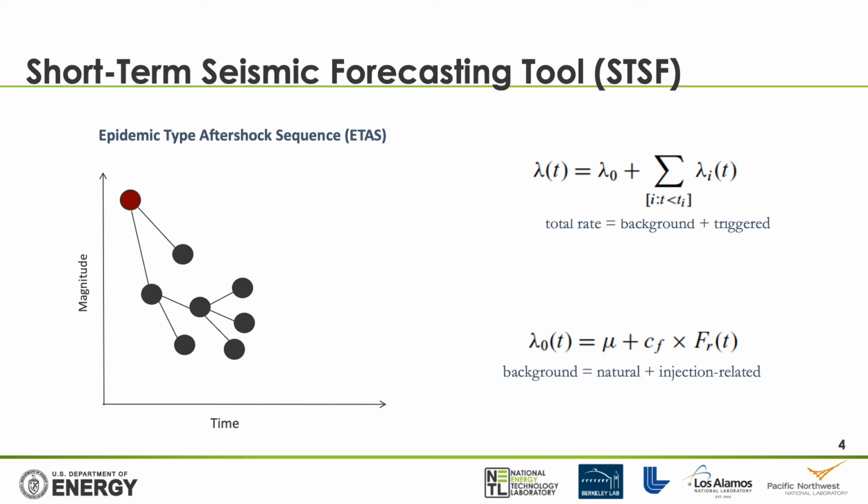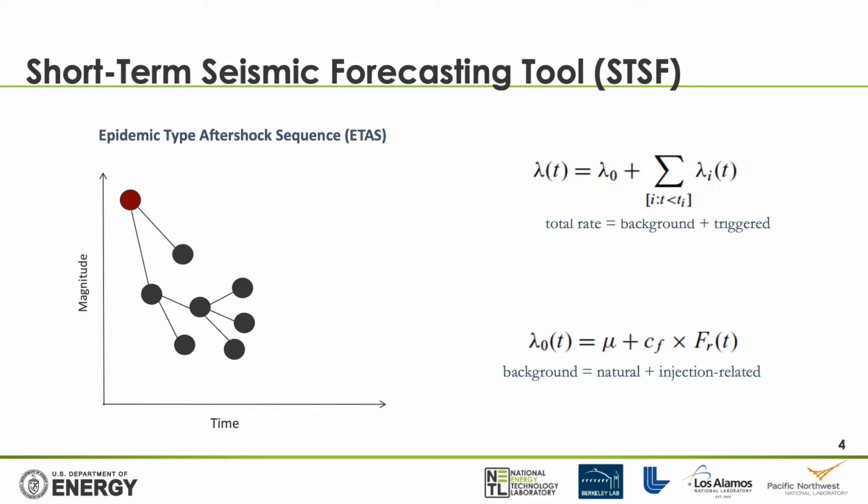We think of the total rate of earthquakes as consisting of some background rate, plus some triggered rate. The rate of events at later times will be dependent on events at earlier times. This does a very good job at describing natural seismic sequences.